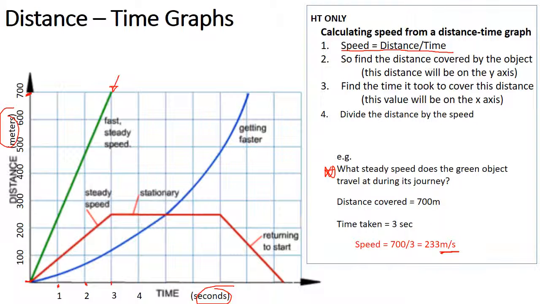Now the one thing you need to be careful of when working these out is this one was pretty straightforward because it started at 0 each time. So it started at time 0 and it started at distance 0 too. However, they might ask you to calculate the speed between 2 points. So for example, they might ask you to calculate the speed between here and here of this red object. Now if that's the case, you need to take into account the fact that you're not starting at time 0.